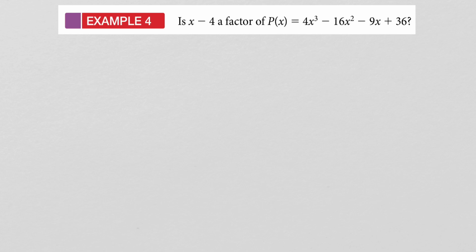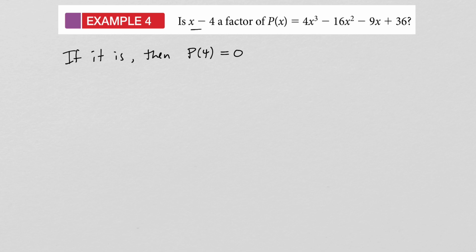So now a question. Is x minus 4 a factor of p of x? Well, if it is a factor, then that would mean that p of 4 would have to equal 0.